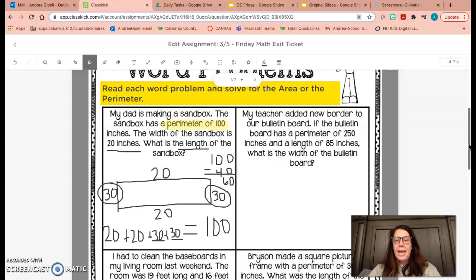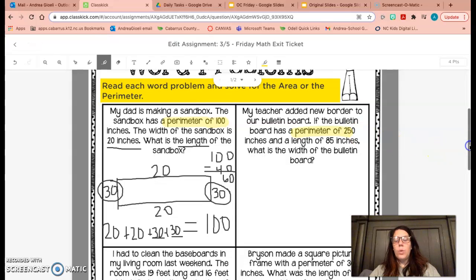My teacher added new border to our bulletin board. If the bulletin board has a perimeter of 250, so we're given the total here, and a length of 85 inches, what is the width of the bulletin board? So again, let's draw our rectangle. We know that one of the sides is 85, and therefore the other side is going to be 85.